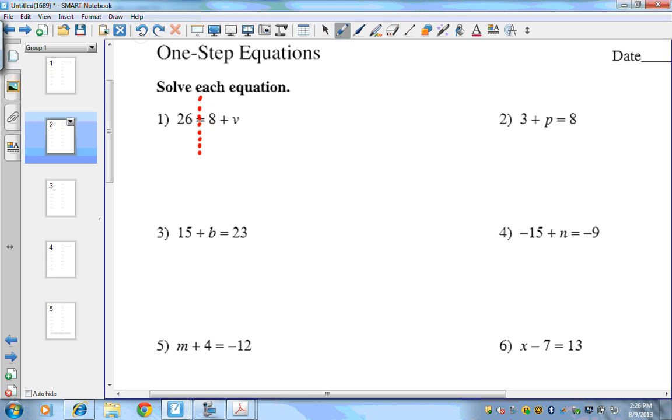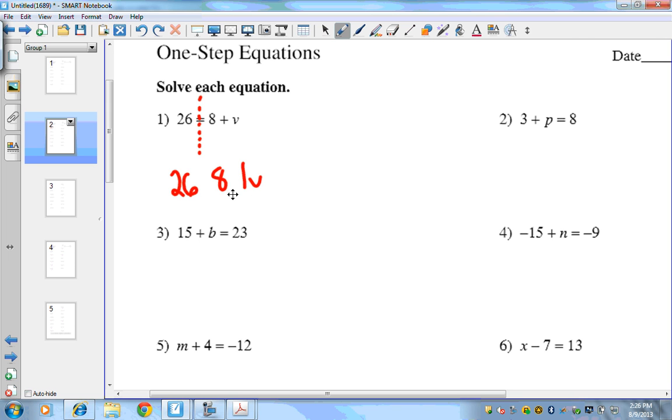Now, another thing I want to bring to your attention is that we have three things going on. We have a 26 in the problem, we have an 8 in the problem, and we also have a v in the problem. The v actually has a number in front of it. It's an unseen and understood 1. So the numbers that we're dealing with are 26, 8, and 1. There's something special about this 1 in that it has a letter attached to it.